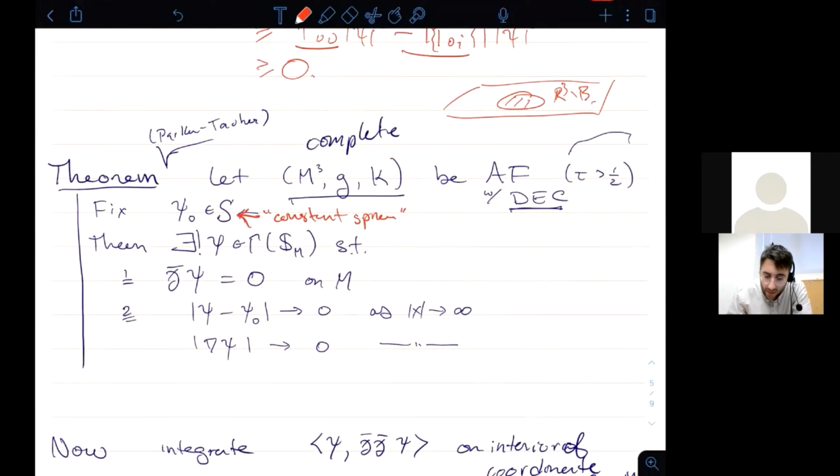So when you restrict the spinor bundle to the asymptotically flat end, M minus that compact set, which is diffeomorphic to R3 minus a ball, it's isomorphic to the product of the base times the spinor bundle S. That allows you to think of an element of the vector space as a spinor on the asymptotically flat end.